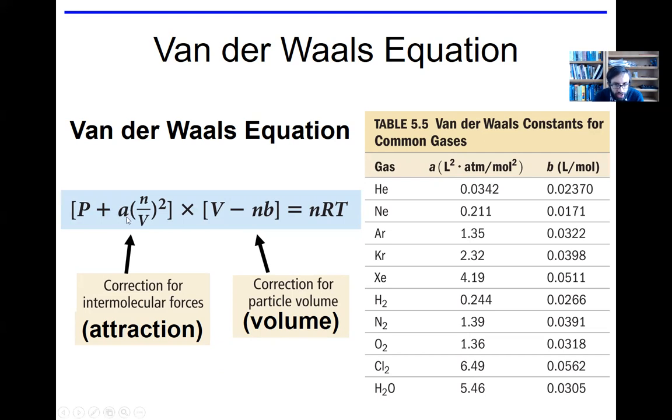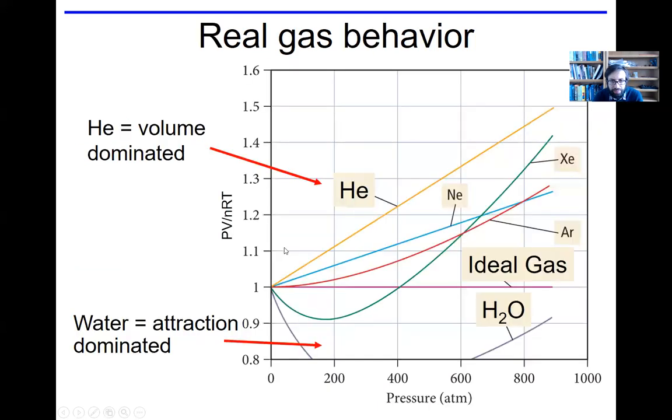And there's this term A here, that's also constant, and that correction factor is going to vary depending upon the identity of the molecule, how strong those intermolecular forces are, okay? And that's sort of the basics behind this van der Waals equation.